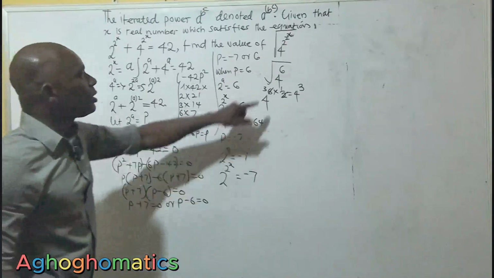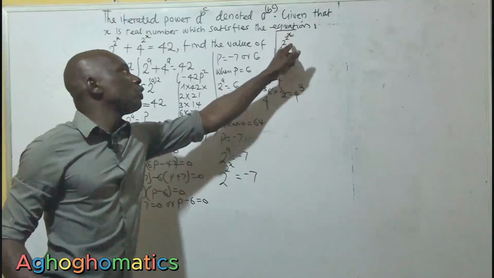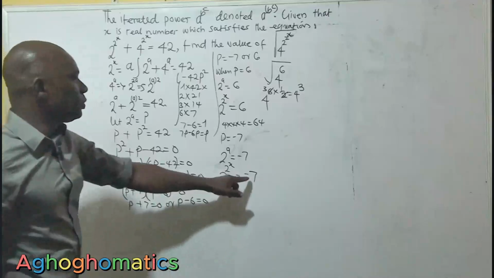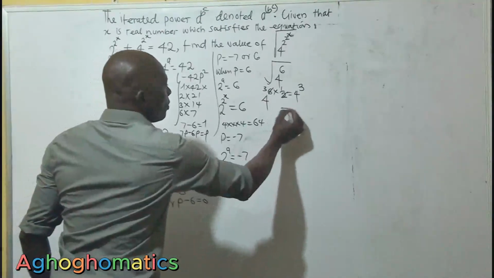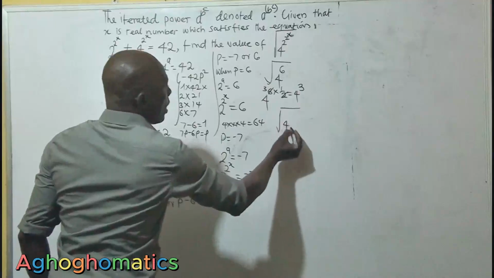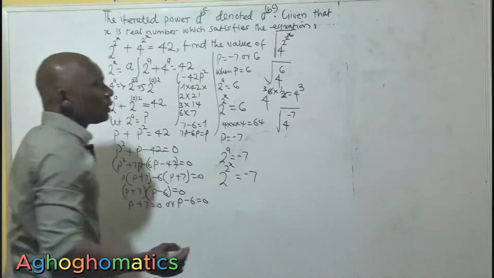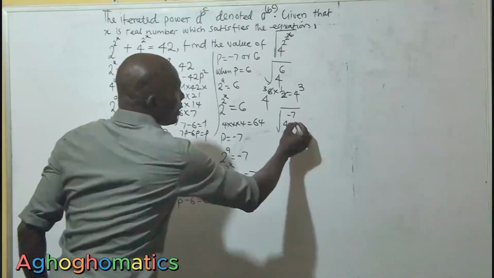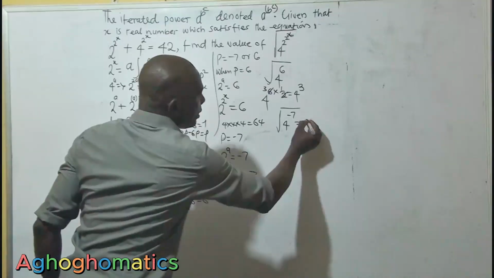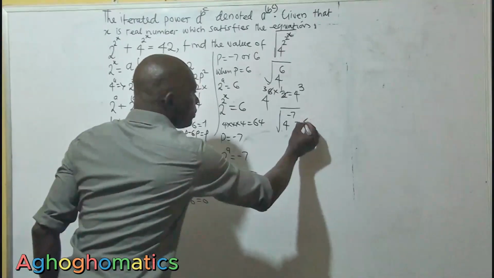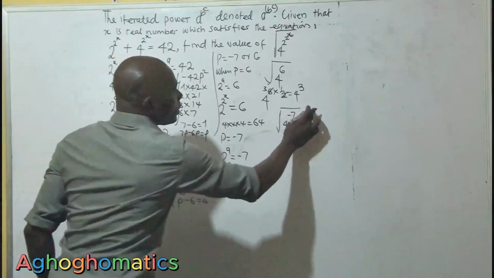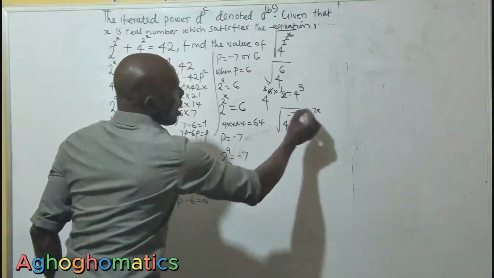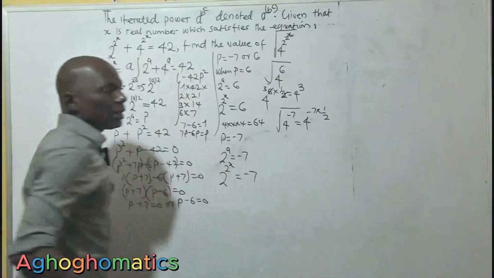In place of 2 raised power 2x, we are going to substitute negative 7. So in that case, here becomes 4 raised power negative 7 times half.